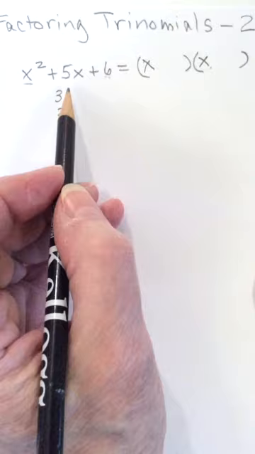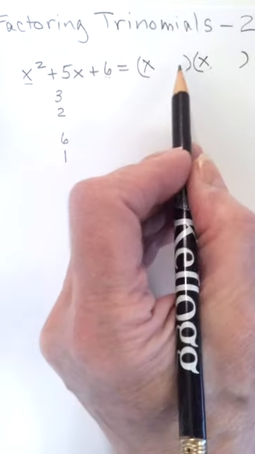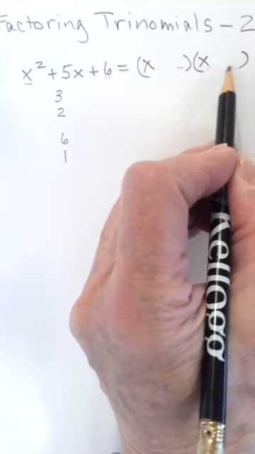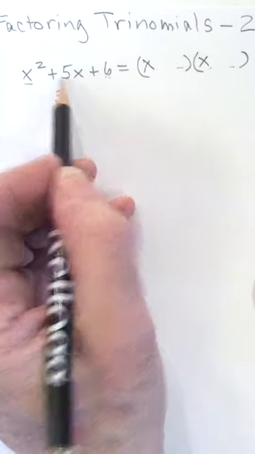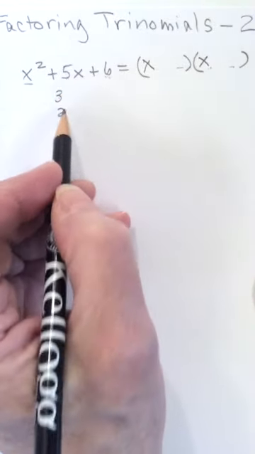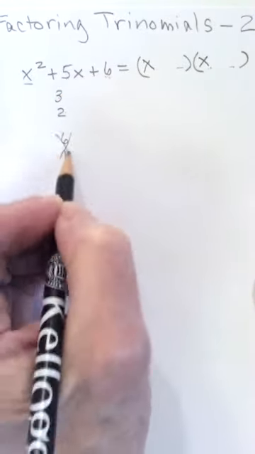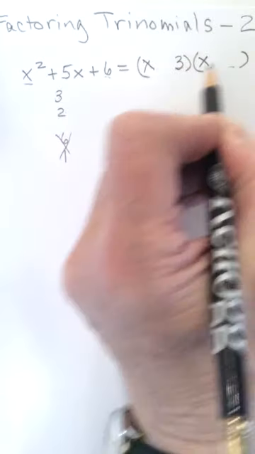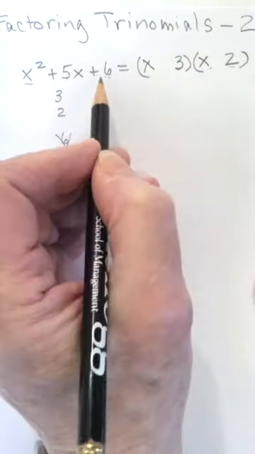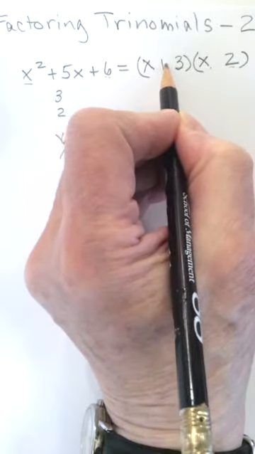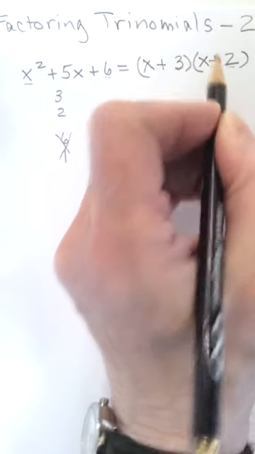That means I need the sum of whatever I put here and here to equal 5. So I'm going to be using the 3 and the 2, not the 6 and the 1. So 3 and 2. And everybody's positive, so these are going to be plus signs.